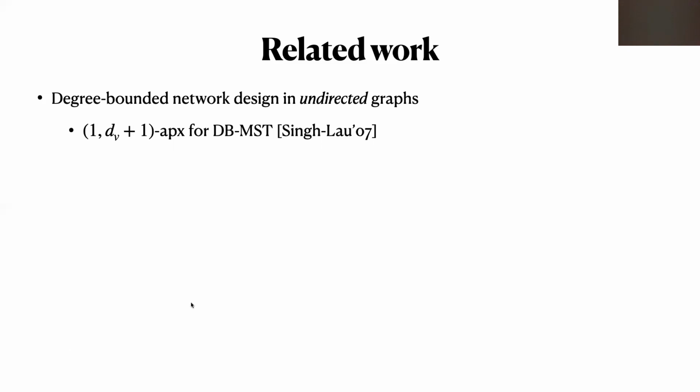Here, the first number in the tuple is the approximation ratio on the cost. And the second number in this tuple is the degree violation. So here the D plus 1 means you might violate the degree bound by an additive one.